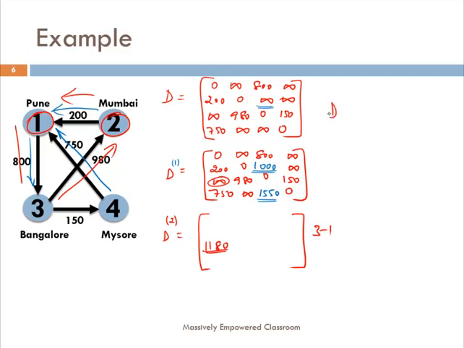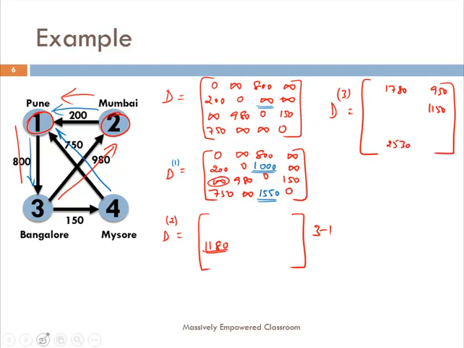Continuing along, right, if you write the next iteration, which is you can go through nodes 1, 2 and 3, but not node 4, then the new values that you will get are, you will get 1780 here, and then 950, and then 1150, lots of new values, and then 2530.